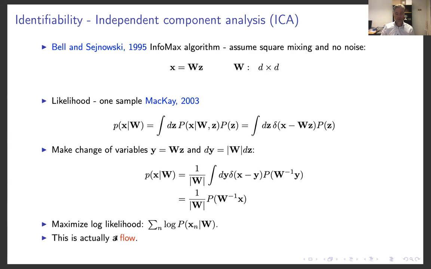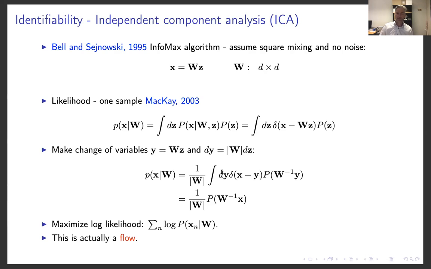And just to connect a little bit to something I'll say later on today, this is a flow model. This way of formulating a model where you have a deterministic mapping between the latent and the data, and you have a prior over the latent, is what we nowadays call a flow model.